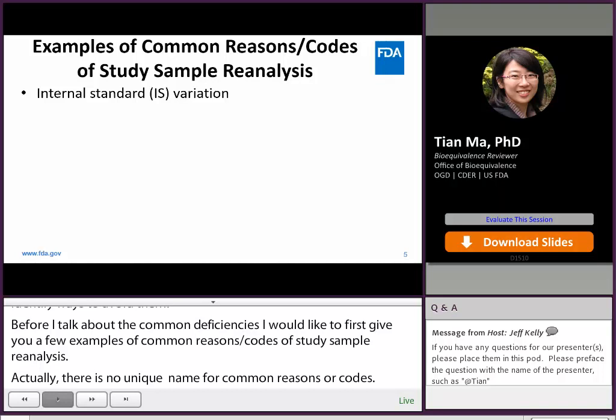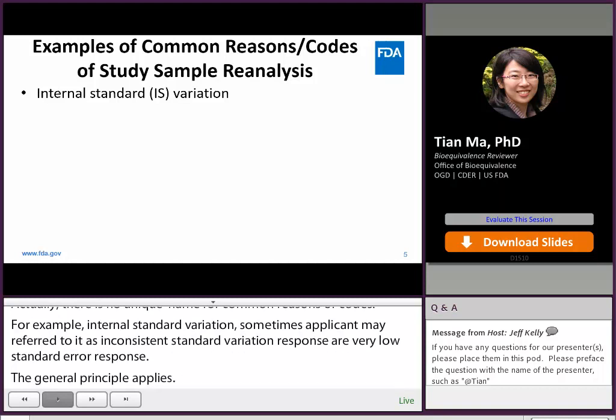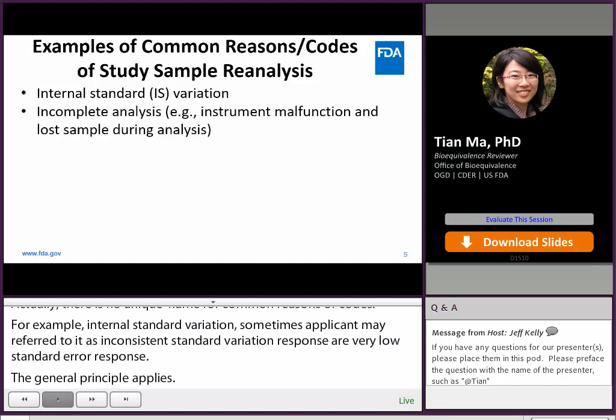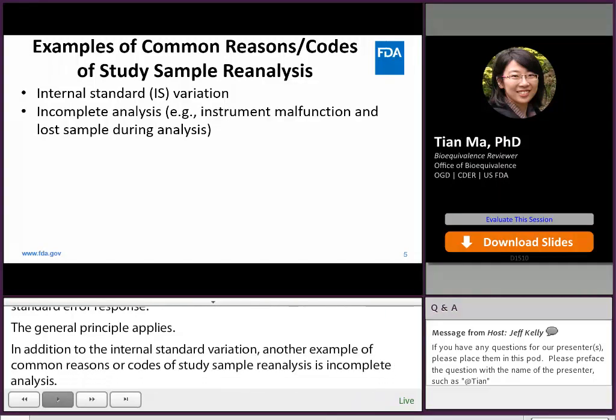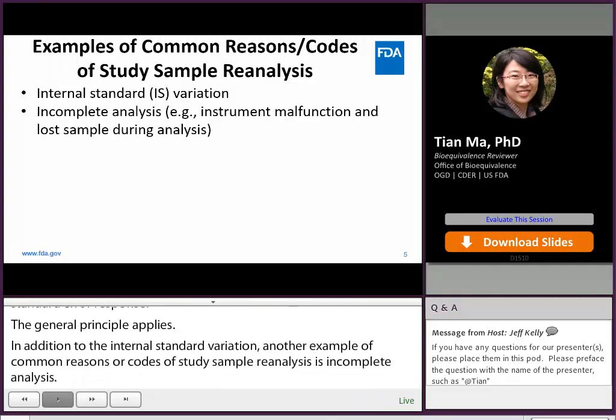In addition to the internal standard variation, another example of common reasons or codes of study sample reanalysis is incomplete analysis. For example, the applicant may refer to it as instrument malfunction, lost sample during analysis, or lost in process.